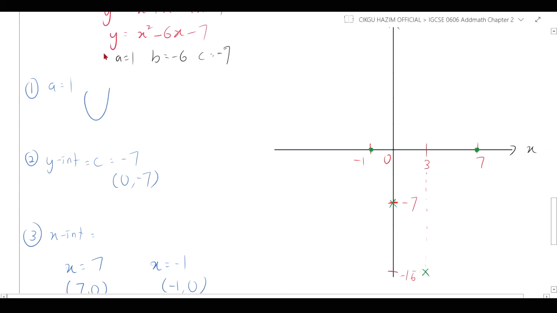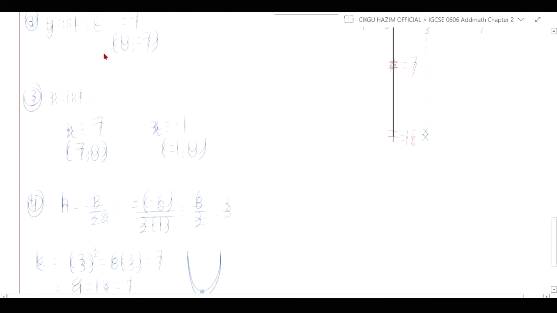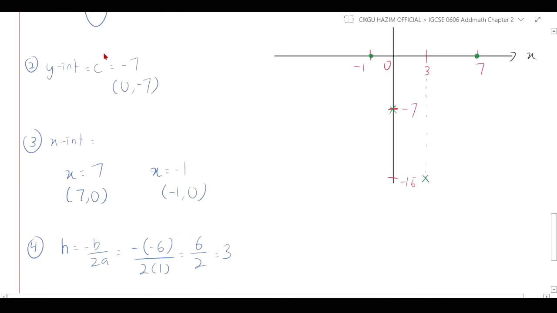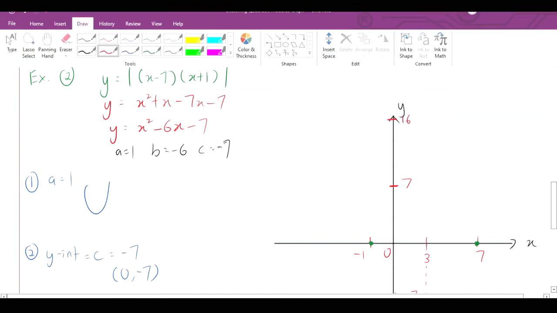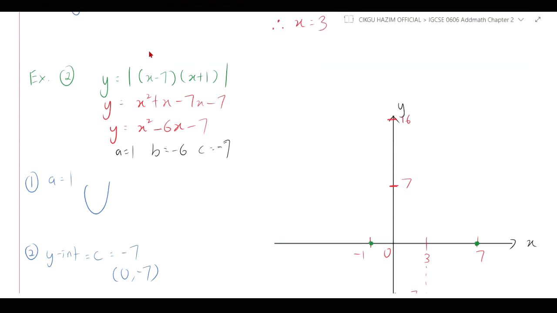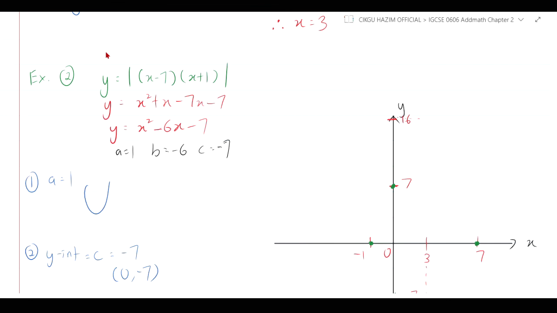So when you reflect it, negative 7 is going to be positive 7, and negative 16 is going to be positive 16. So you plotted the point where the line would pass through here, and also the line would pass through this maximum point, something like that.